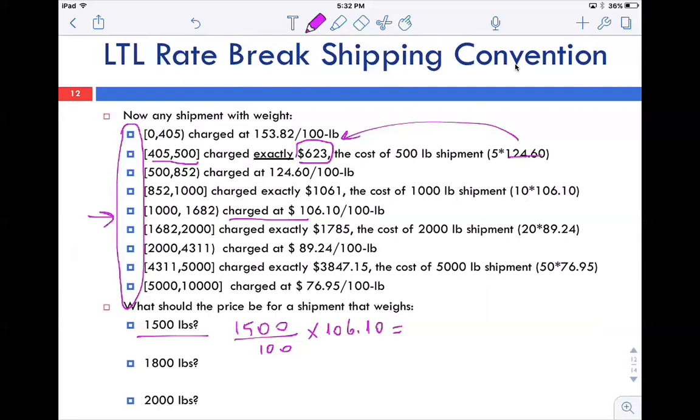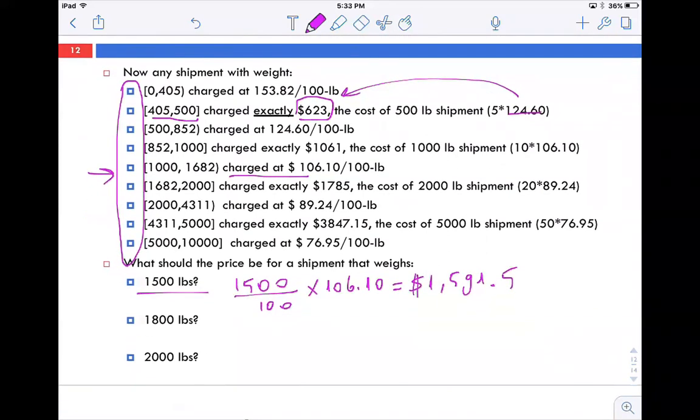So if you do the math, let's do the math. It is 15 times 106.1, which should be 1,591.5.